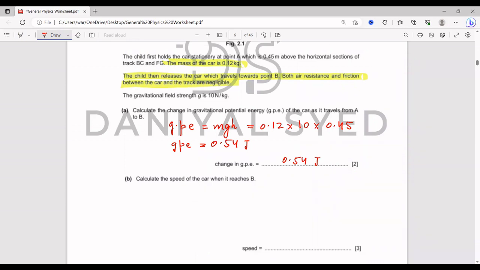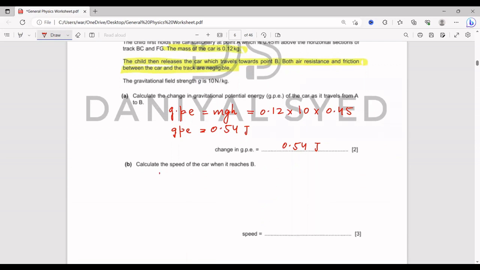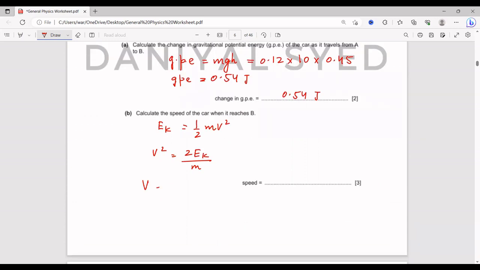Now, calculate the speed of the car when it reaches B. Guys, the air resistance and the friction between the car and the track are negligible. It means the loss in gravitational potential energy is equal to the gain in kinetic energy. So you have to use the equation kinetic energy is equal to half mv squared, and we have to make v squared the subject. So v squared is 2 times kinetic energy over m. Now what we have to do?